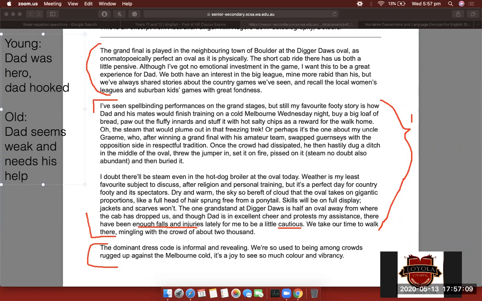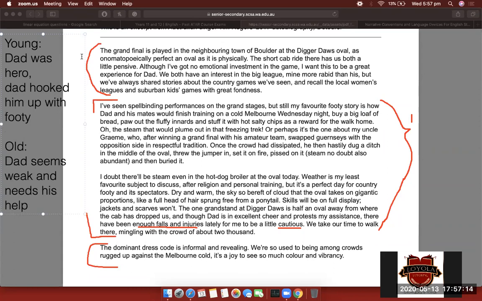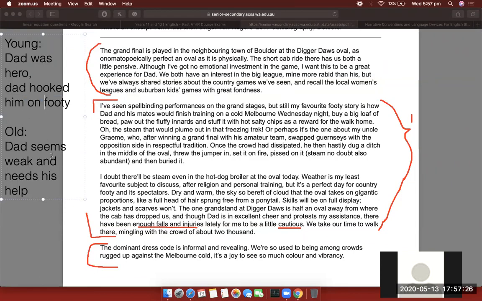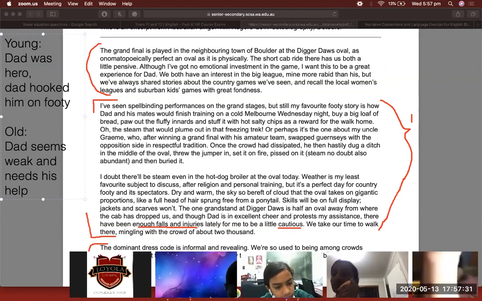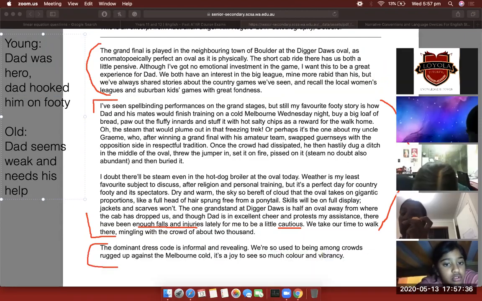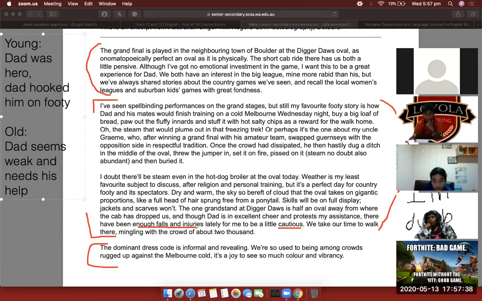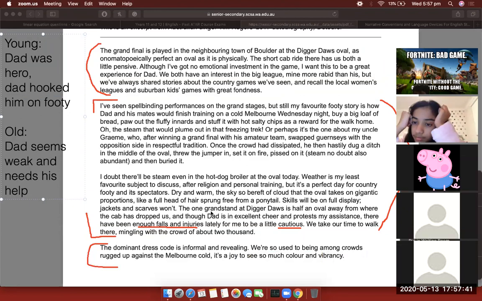Dad hooked him on footy. You understand? Anything else? Any other ideas, guys? All right. If not, I think that's our ideas.